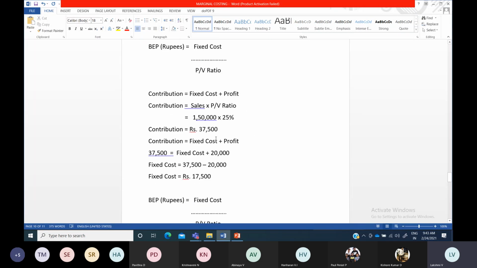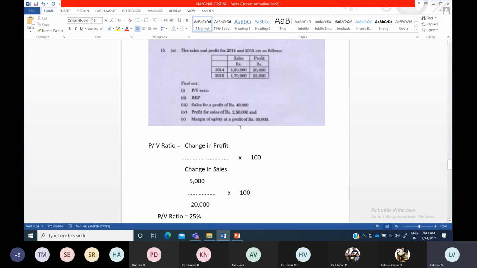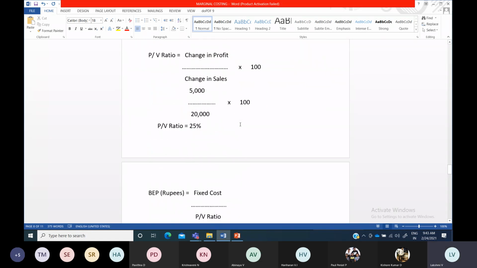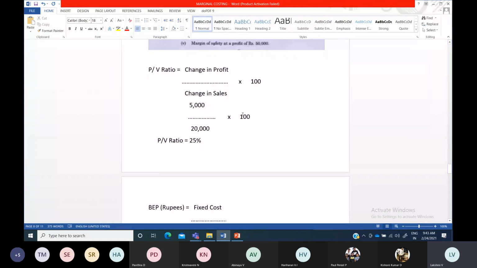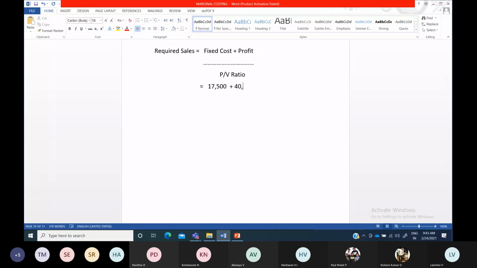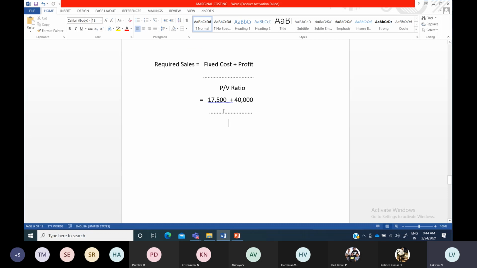Profit means that year's profit; sales for a profit of 40,000 means profit is this amount. So 40,000, this amount only you have to take. Whatever profit is given in the concerned subdivision, that profit only you have to take. Now PV ratio is 25%. Already we have mentioned, so that 25% you just mention here.